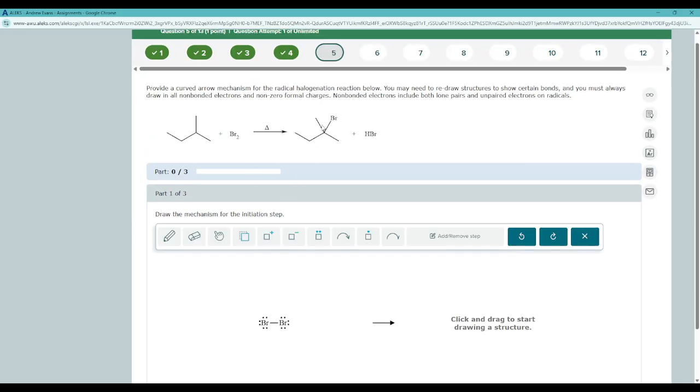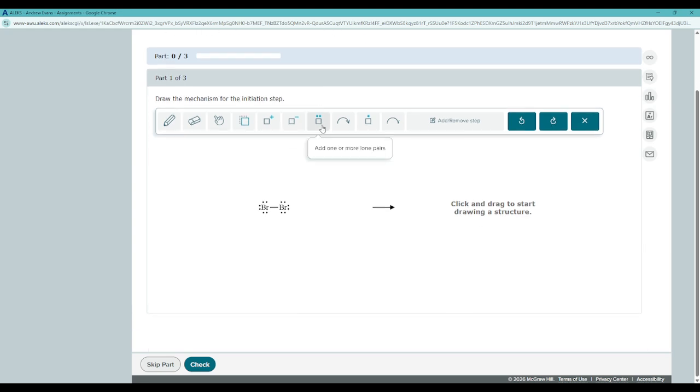Now, okay, draw the mechanism for initiation. This is the hardest problem. Draw the mechanism for these 3 steps. Please note, almost always we're going to use this half-headed arrow, and in these problems we will need 2 of them. One half-headed arrow goes into that atom, one into that atom, so it's splitting apart.